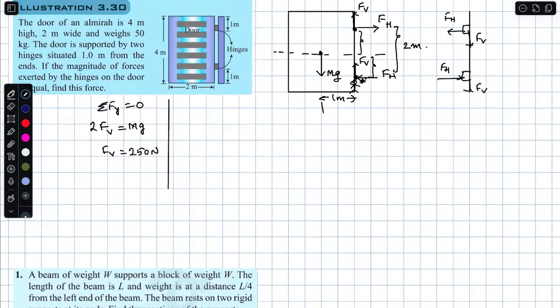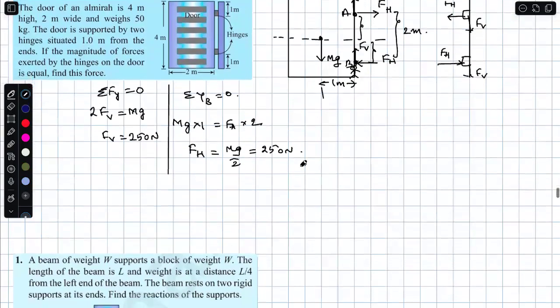Yeah, let us call this point B. Let us call this point A. Sigma torque about B is 0. So mg times 1 is FH times 2. So FH is mg by 2, which is again how much? 250 newtons.